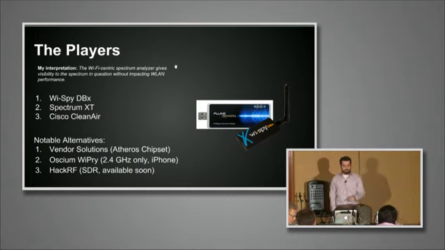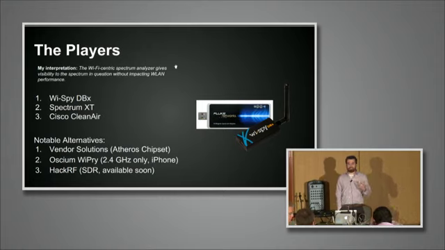The HackRF is not available as of right now. They did a Kickstarter. It's a cheap software-defined radio that can do spectrum analysis, and it can also do packet analysis. There are some people on the forums already decoding cellular transmissions, and that's one tool you can be using for spectrum analysis and packet analysis in theory.